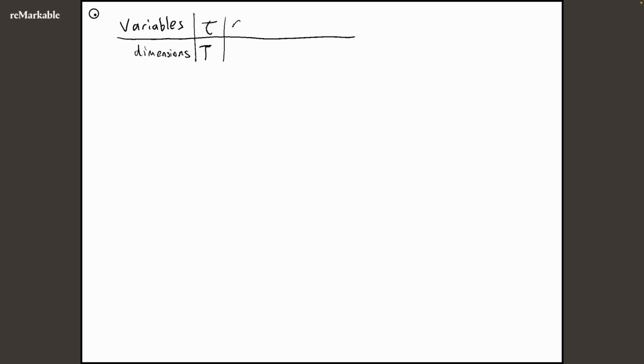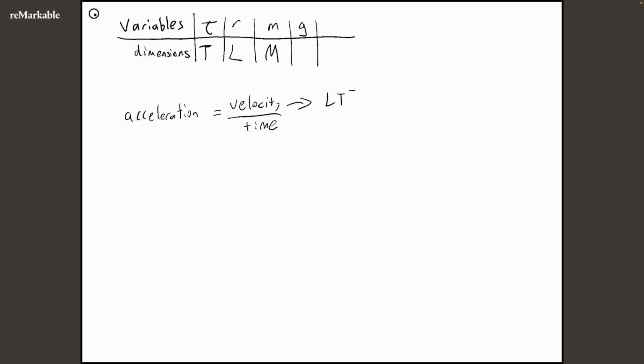Next up, we have the length of the string, which is just L. Next, we have m, which again is just M for mass. Now gravity is equal to acceleration. If we remember, acceleration is equal to velocity over time, where velocity was equal to LT negative 1 for distance over time.